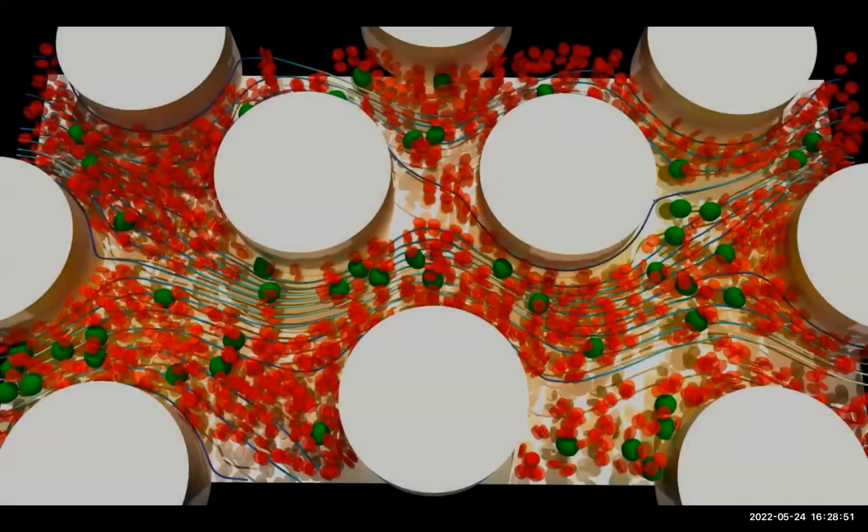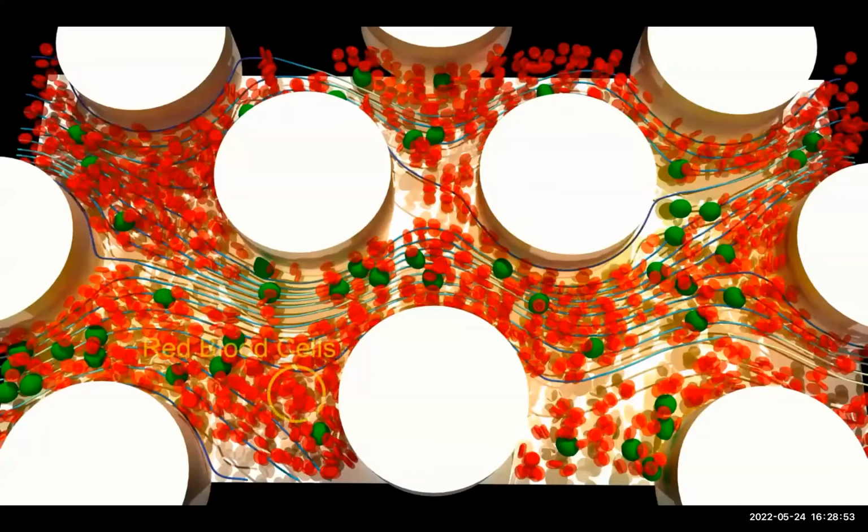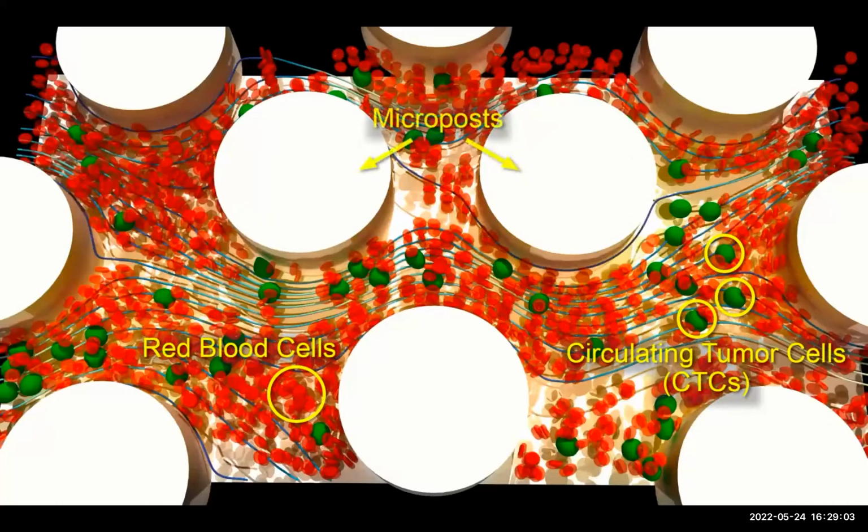This initial view shows the system as a whole. Red blood cells are shown as red membranes, while circulating tumor cells, or CTCs, are shown as green membranes. The white cylinders are the microposts on which CTC adhesion is expected to occur. Fluid streamlines, which indicate the instantaneous flow directions, can be seen throughout the device.